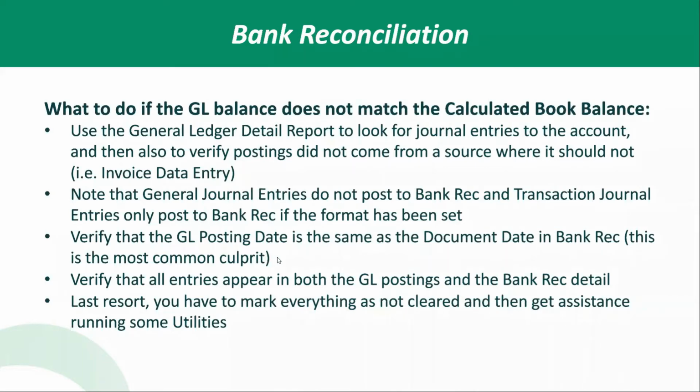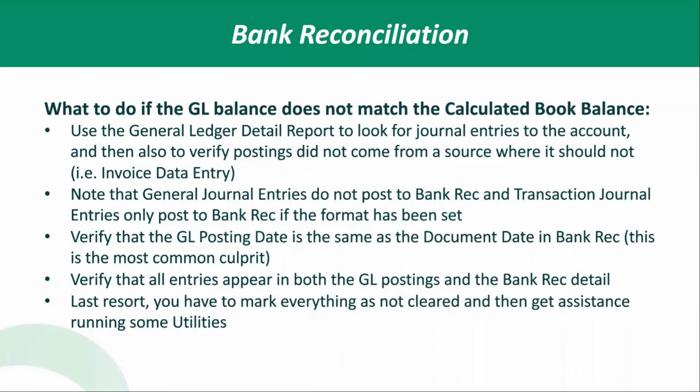Okay, so our most common culprit when we find that something isn't matching up is the GL posting date is not the same date as the document date. Usually that's just a miskey where somebody has put the wrong date and it's something into the future. Then verify that all entries appear in both the GL postings and your bank reconciliation detail.